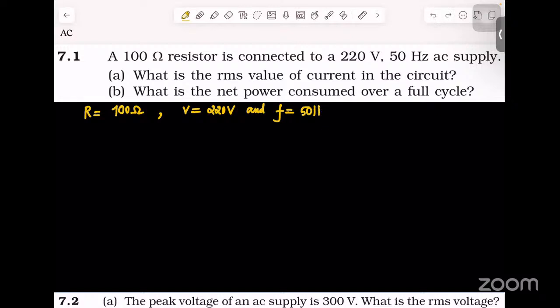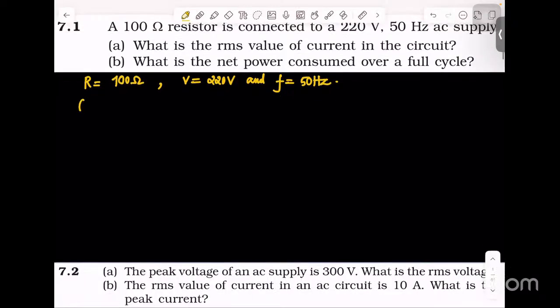To determine the RMS value of the current, we can directly use Ohm's law, which is I equals V upon R. In this case, it will be 220 over 100, which is just 2.2 amperes.